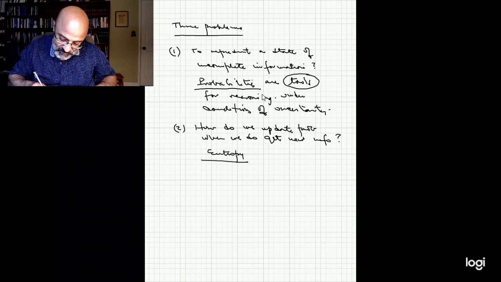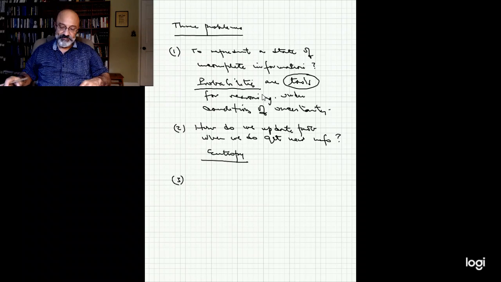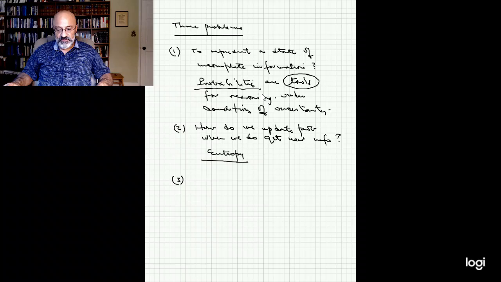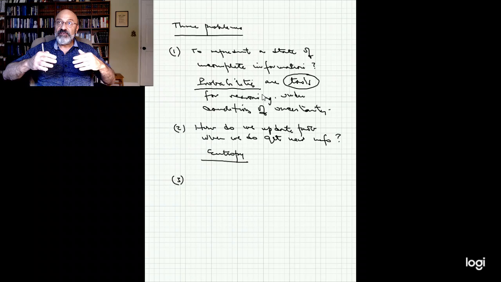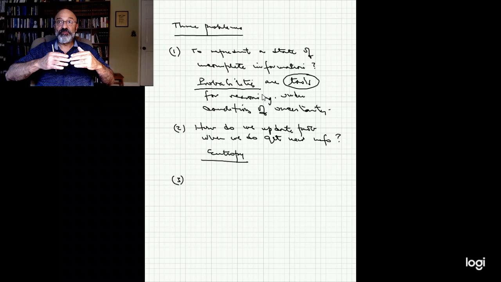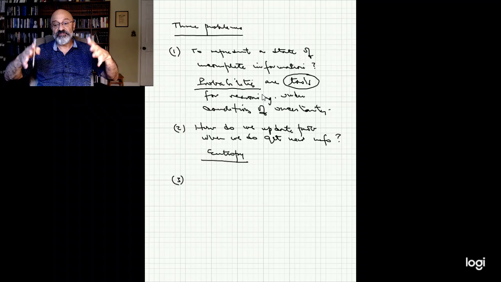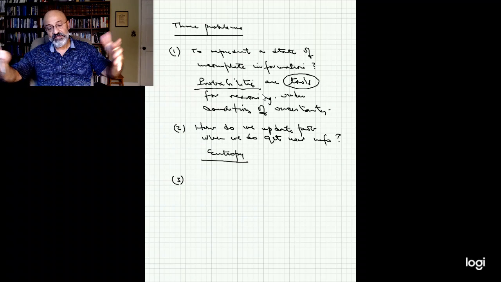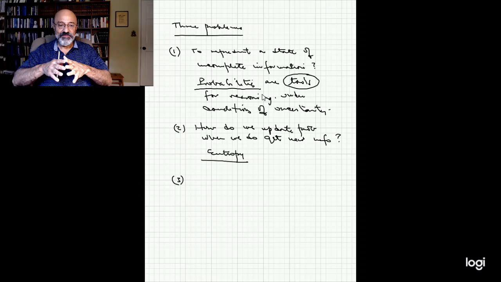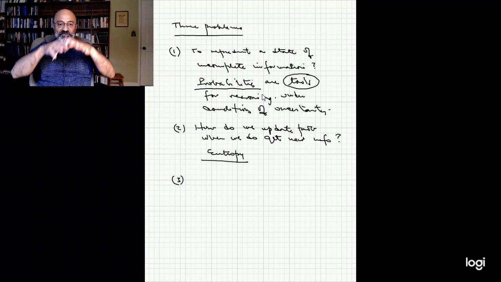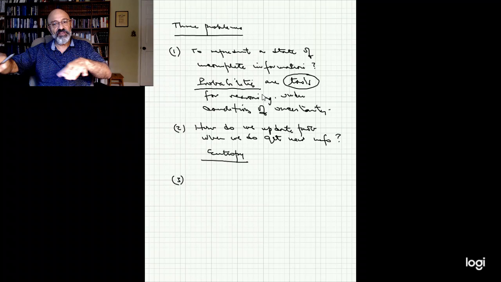And finally, there is a third problem that we might want to address to have this full scheme under control, which is, if the purpose of all of this is that the probabilities describe a certain state of knowledge or incomplete knowledge, is your state going to be given by this probability distribution or that one?